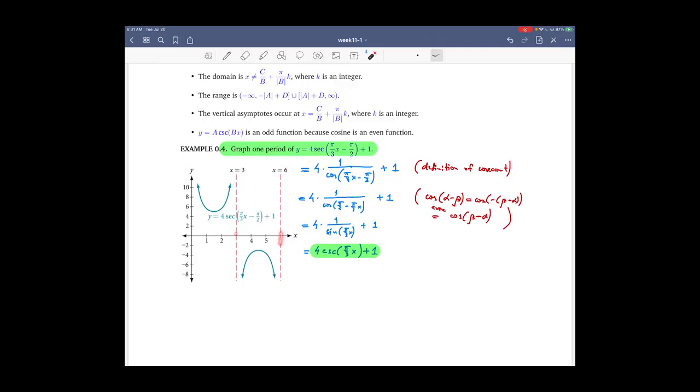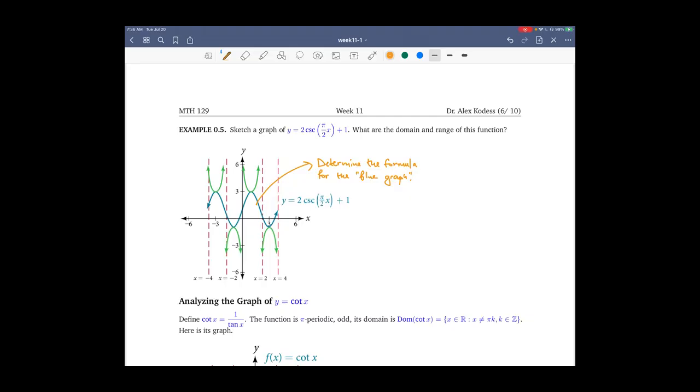Period is 6, asymptotes are 0, 3, and 6. This is 5, and this is -3. This example is now over.